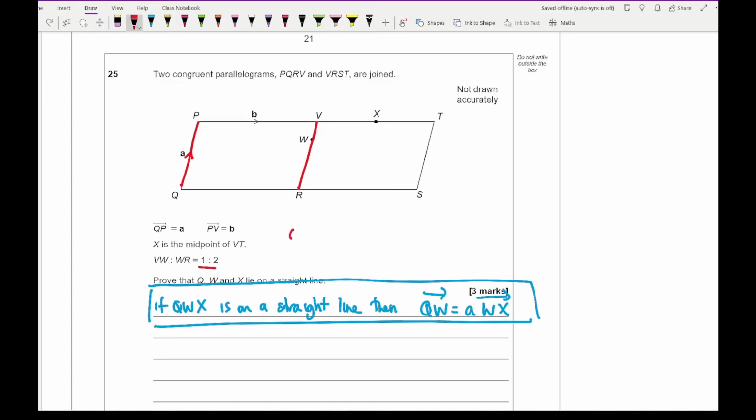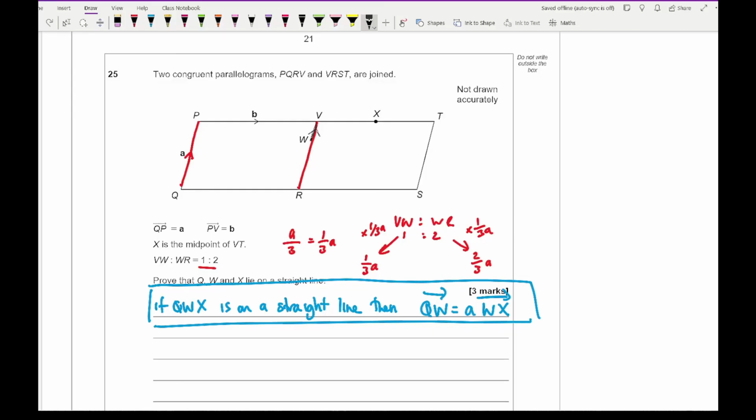So A divided by 3 equals a third A, and then V to W and W to R, the ratio is 1 to 2, so if we times that by a third A, and we times this by a third A, then we get VW as being a third A, and W to R equals 2/3 A.